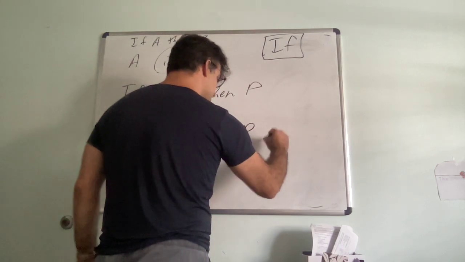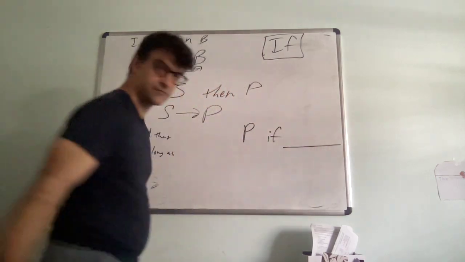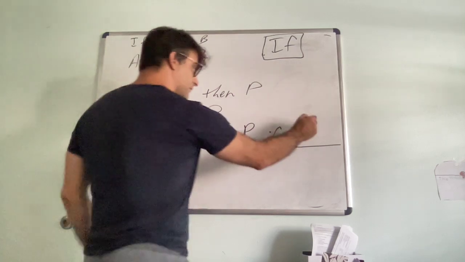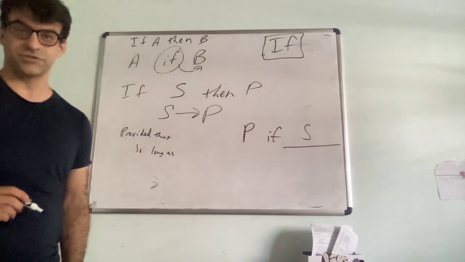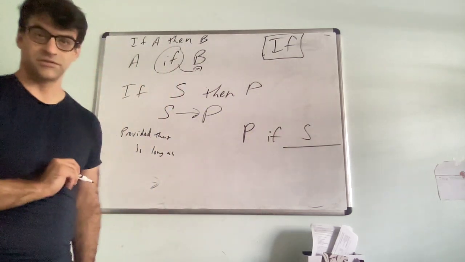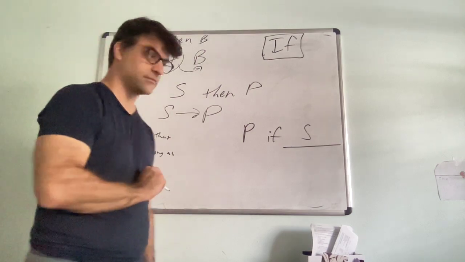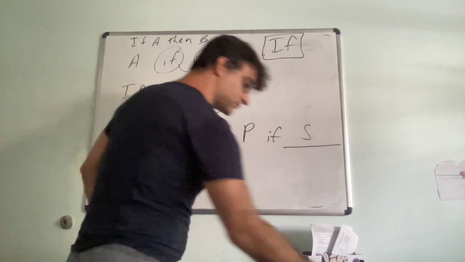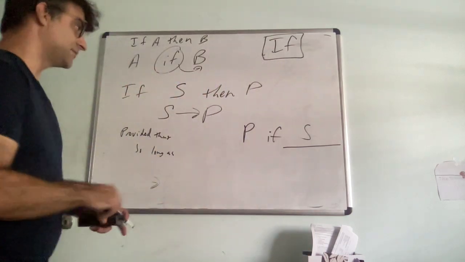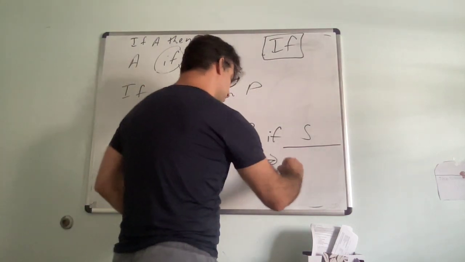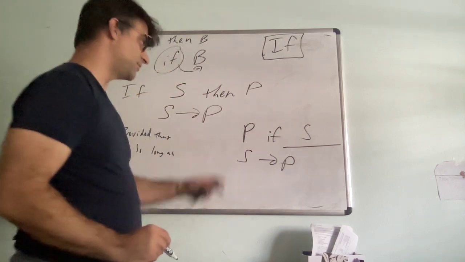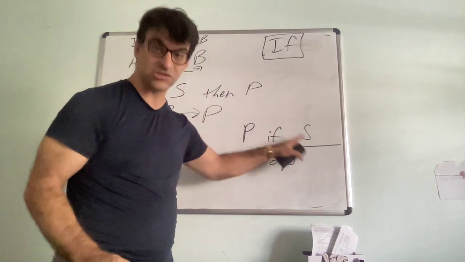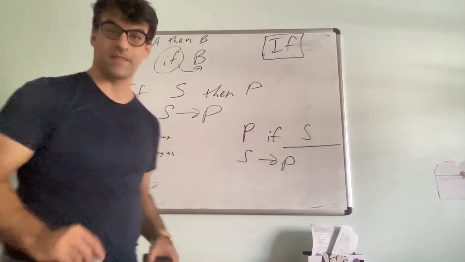You pass if you have above a 60 average. Sufficient. Okay? Above 60 average. That's still going to be S arrow P. You pass provided that, as long as, S arrow P. Okay?